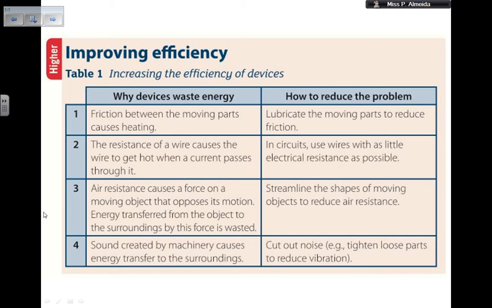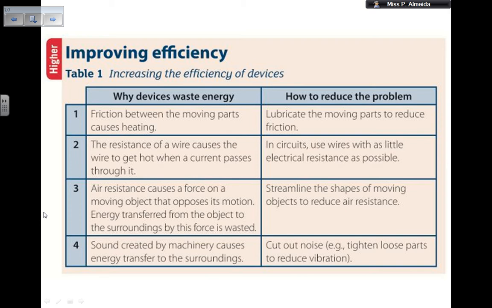Another example: air resistance causes a force on a moving object that opposes its motion, and energy is transferred from the object to the surroundings by this force, and this is wasted energy. So how can you reduce this? Well, you can use a streamlined, aerodynamic shape, and that way air resistance is reduced, because the particles, instead of colliding onto a flat surface, collide onto something smoother so they can flow easily, okay?